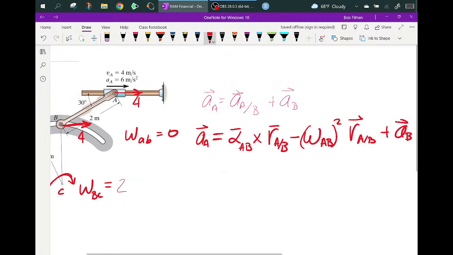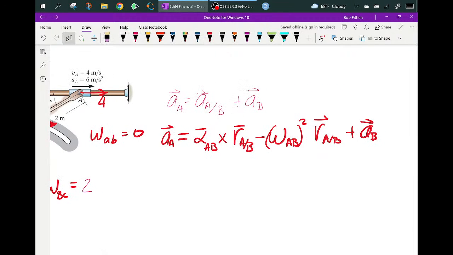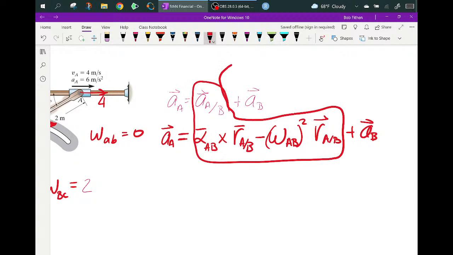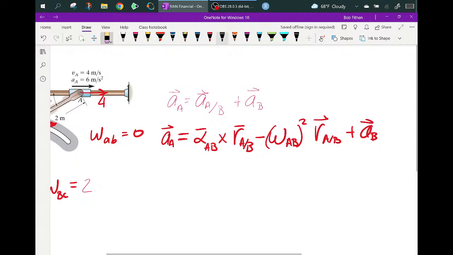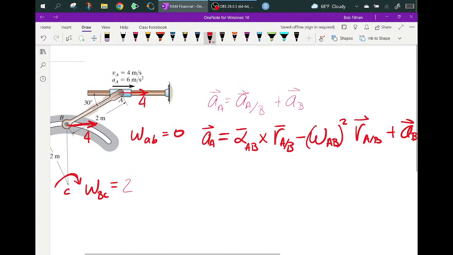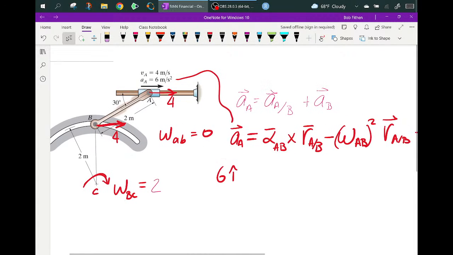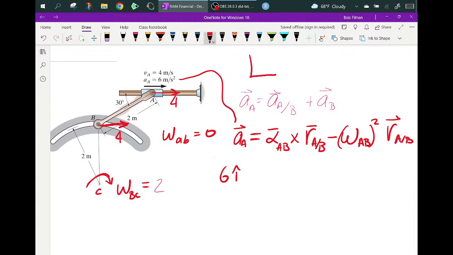So this is the set of equations. This part is this one, and this, of course, is this. And so as a result, we have a couple things that we know. One is we know that this is 6, and it's I, and he did not put a coordinate system on it, but by nature, you're going to have this.